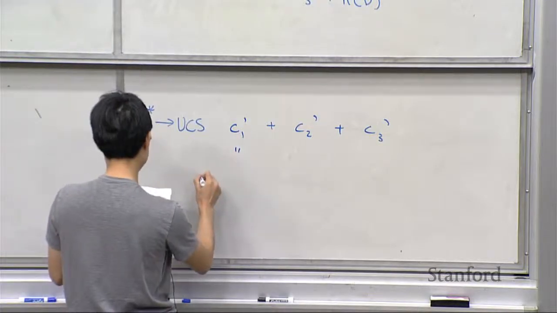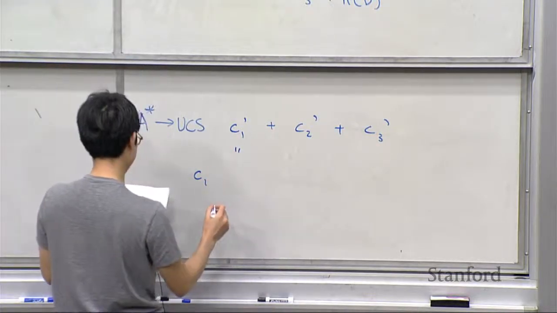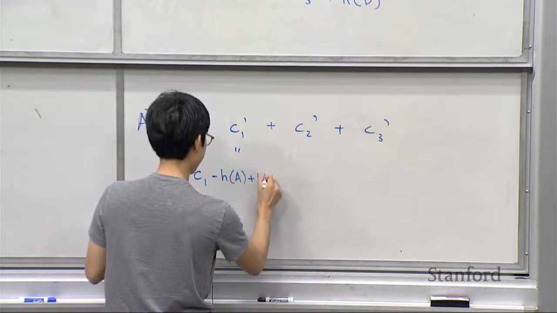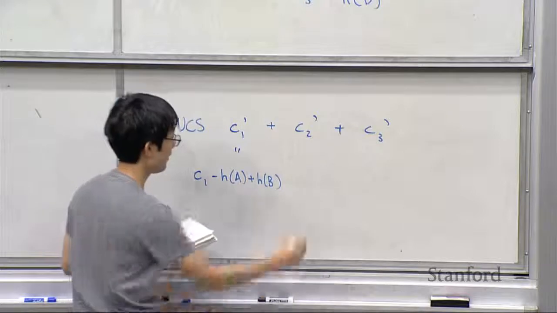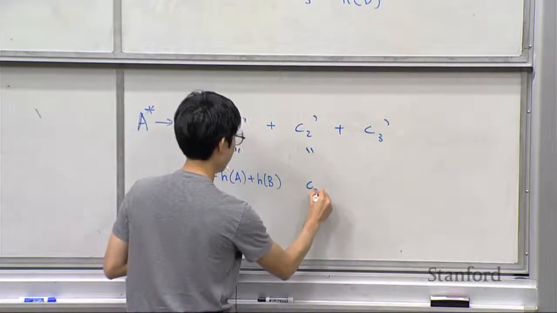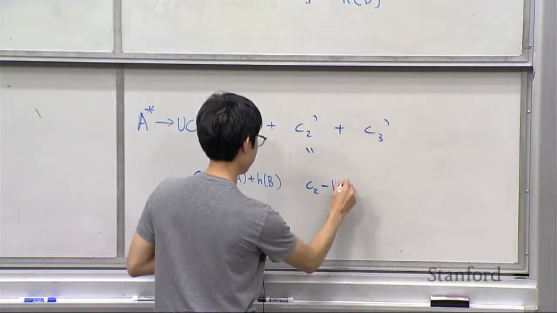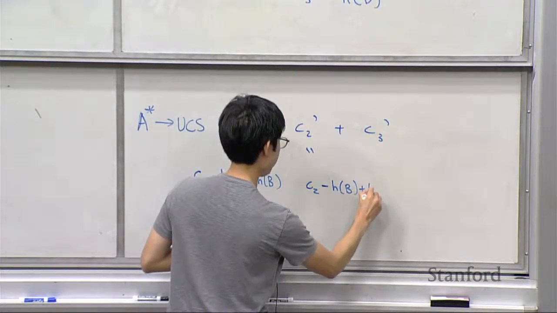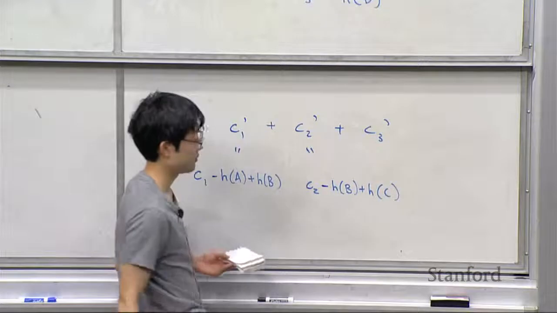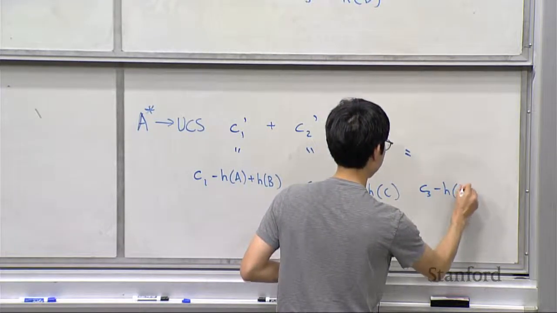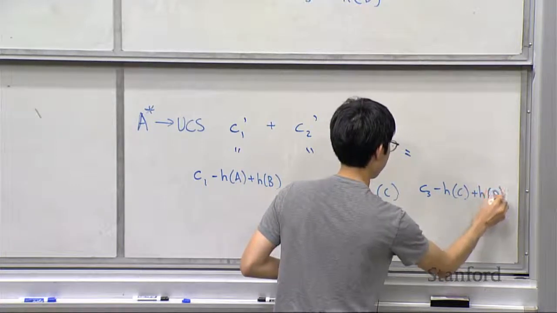I'll define it as C1, the original C1, minus h of A plus h of B. Then the second term is going to be C2 minus h of B plus h of C. And the final term here is going to be C3 minus h of C plus h of D.